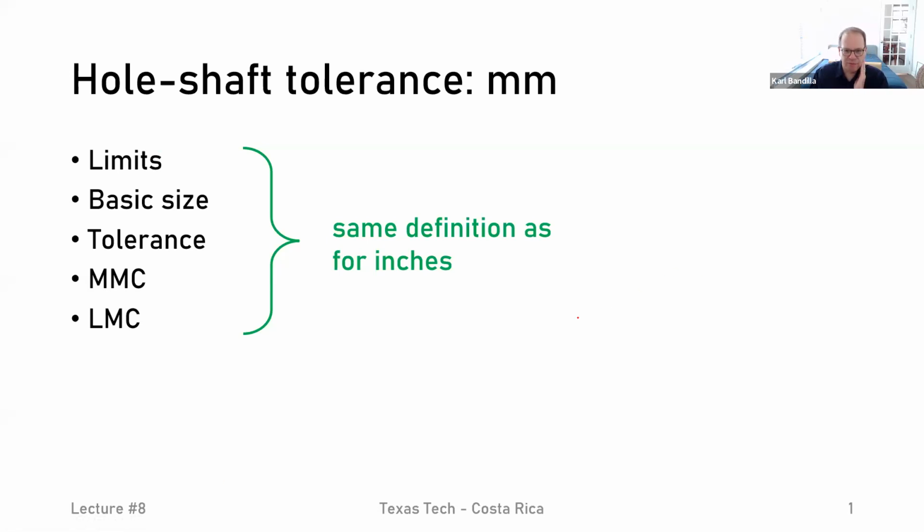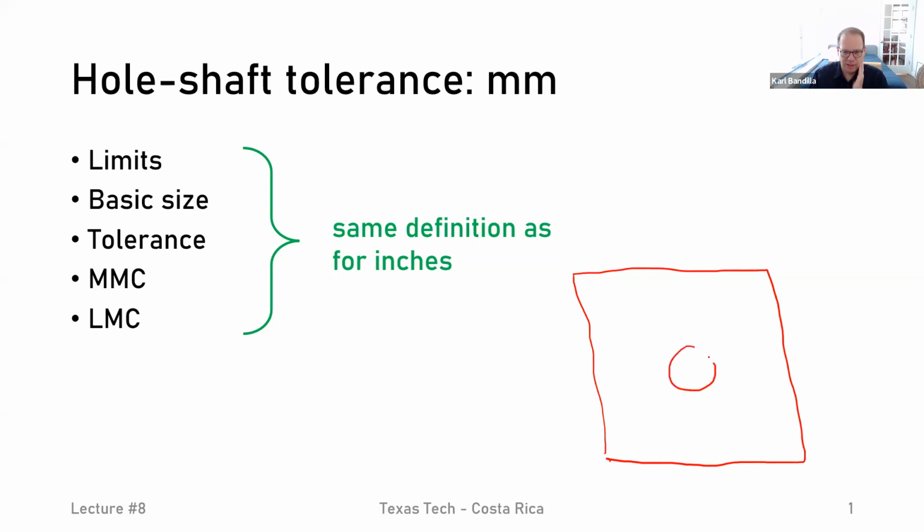So if I have some kind of a part, like we had a nice little rectangle, and I have a hole in it. We said that based on tolerances, I'm not sure exactly how big that hole is, so that hole could be the smaller diameter or the bigger diameter.